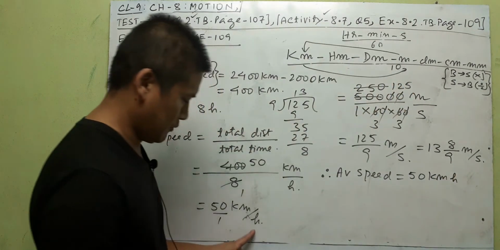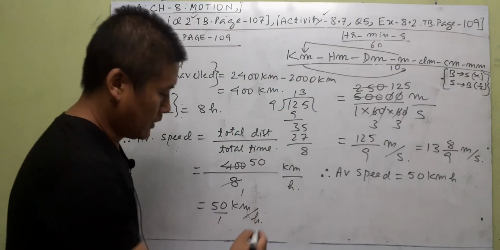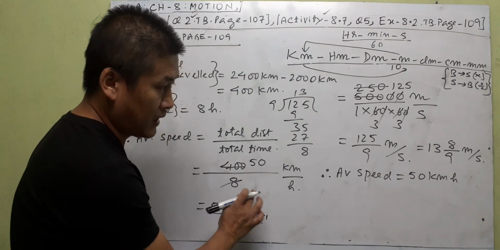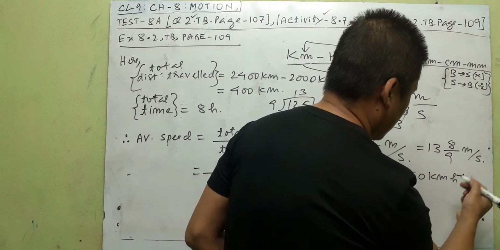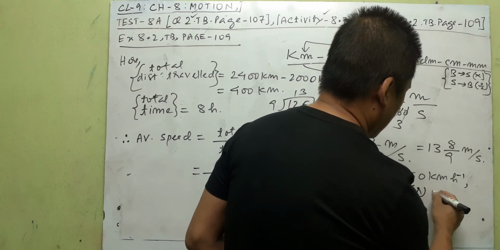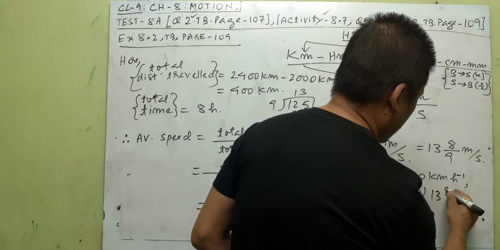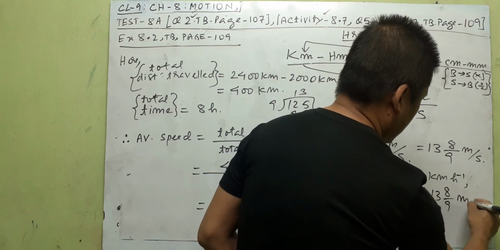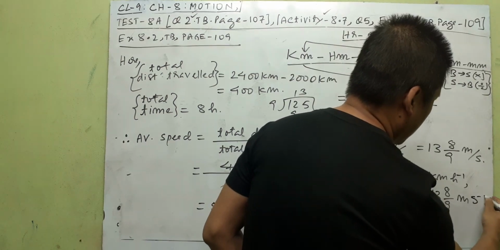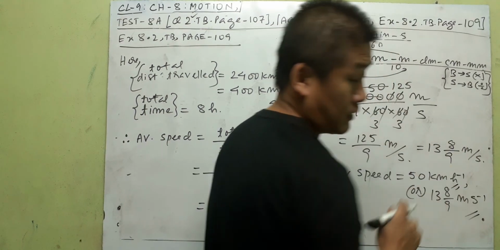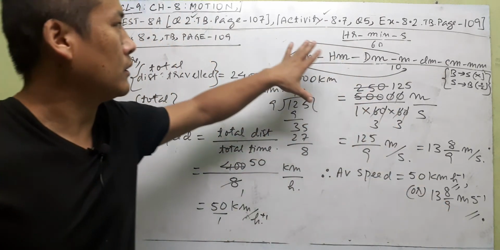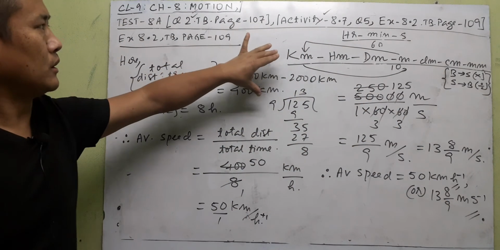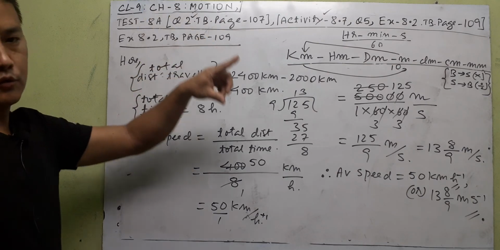This one hour, if you brought it up, then hour here plus 1, we didn't write, but it will become minus 1. Textbooks frequently use this, that's why I'm just writing. Or it can be 13 and 8 by 9 meter, and second brought up, second to the power minus 1. These two, they're asking both kilometer per hour and meter per second. So that concludes your numerical for this test portion. You can go and take the test now.